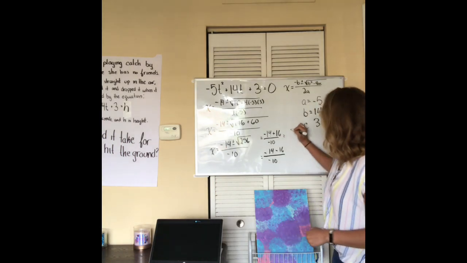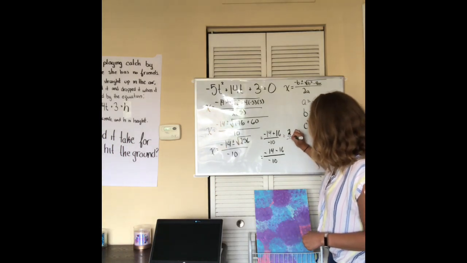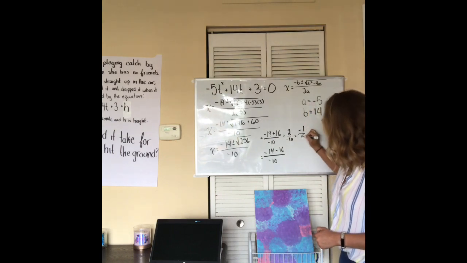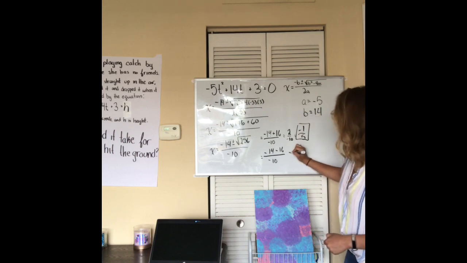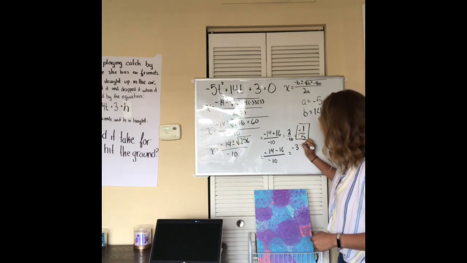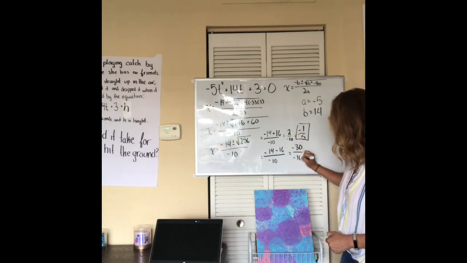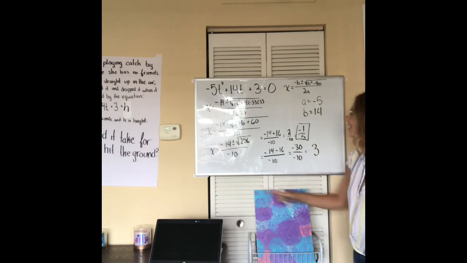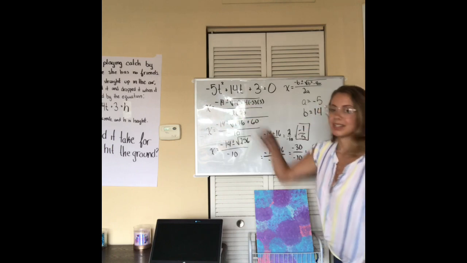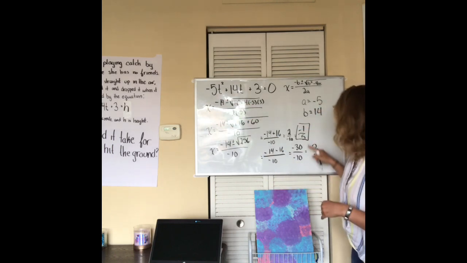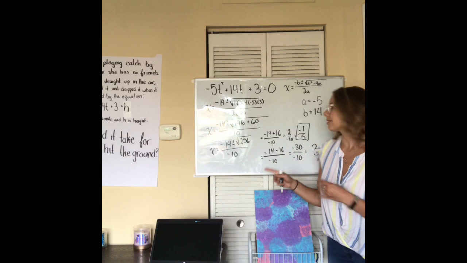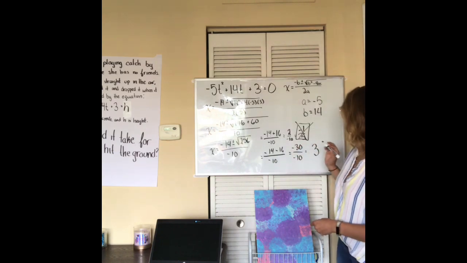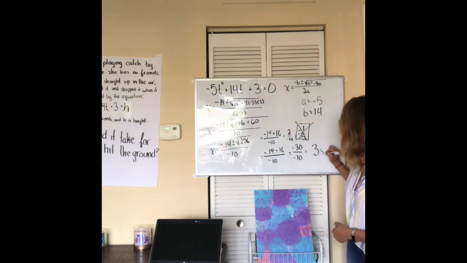This becomes positive 2 over negative 10, which is equivalent to negative 1/5. And this becomes negative 30 over negative 10, which is equivalent to 3. Now if our x is related to our t, our time in seconds, we cannot have a negative second, so this cannot be our answer. Our answer is 3 seconds.